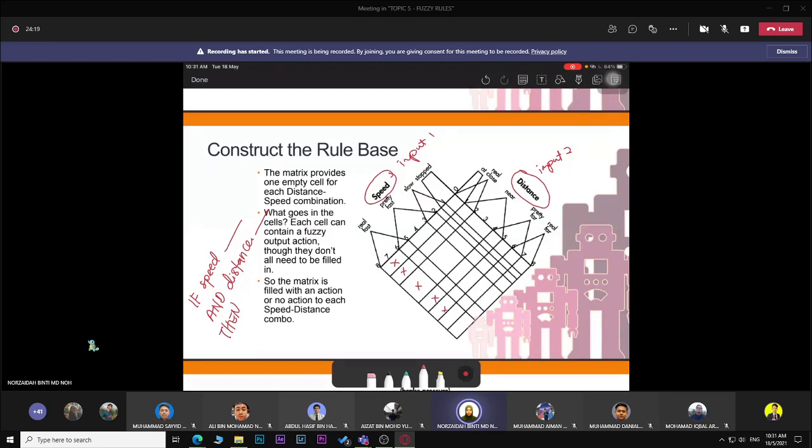Okay, so dia kata kat sini, kalau speed dia ada berapa set kat sini? 4 sets. Okay, for speed dia ada real fast, pretty fast, slow or already stop. Okay, bila stop tu maknanya dia punya degree of membership, dia punya set tu value dia dah 0.